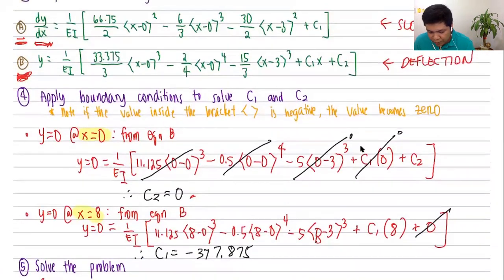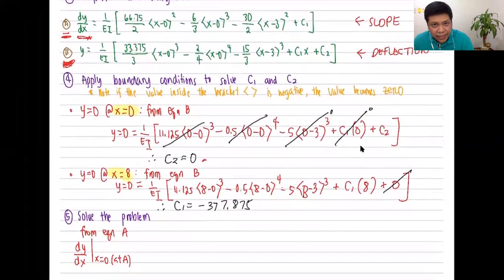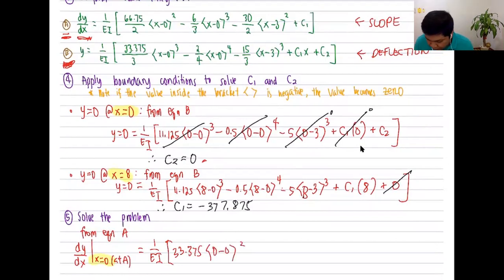Okay? So going back, I'll just make this smaller so we can see it better. Hopefully, you can follow. So equation A, dy over dx, this is just equal to 1 over EI times, go back, 66.75 over 2 is 33.375. X minus 0, so again, I am looking at x equals 0 because I'm observing at A. 0 minus 0 squared minus 6 all over 3, that's 2.